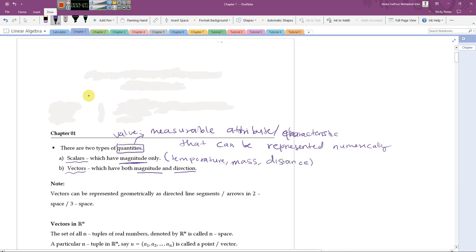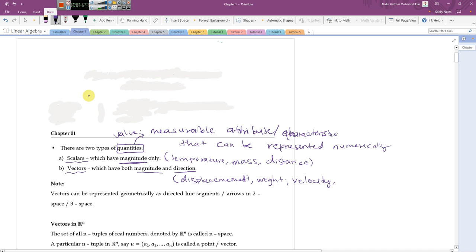For vector quantities, we have studied displacement and weight. Here weight can be a vector quantity because it has a direction also. And for example, velocity. So these are vector quantities.